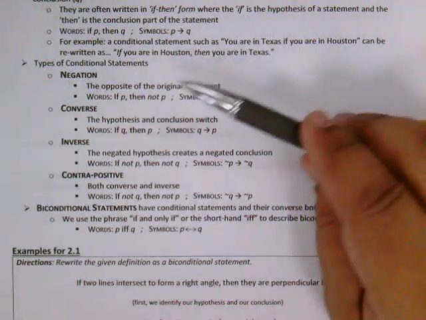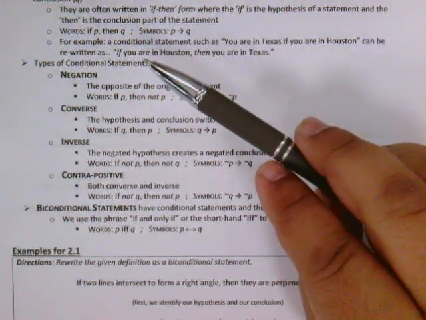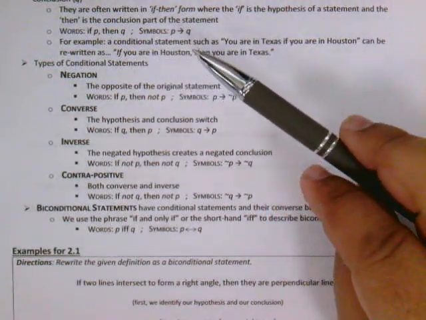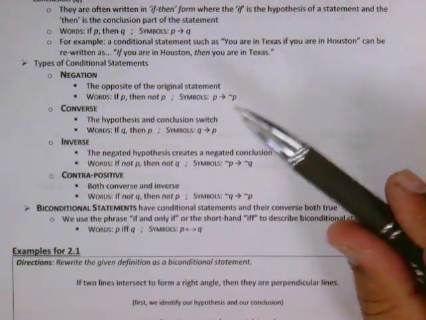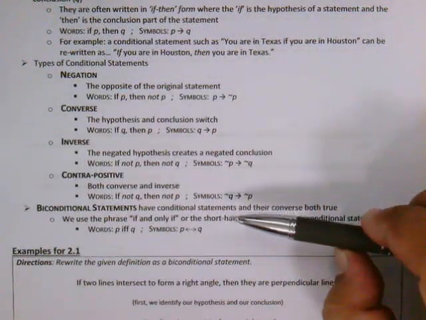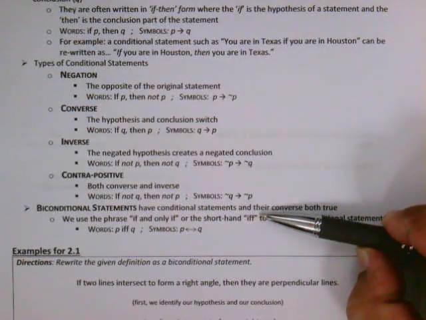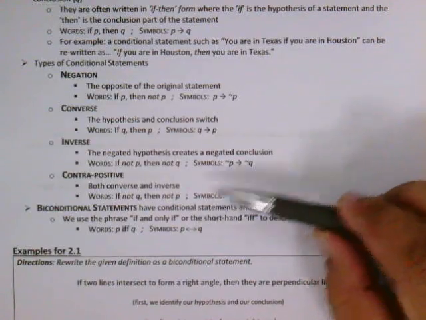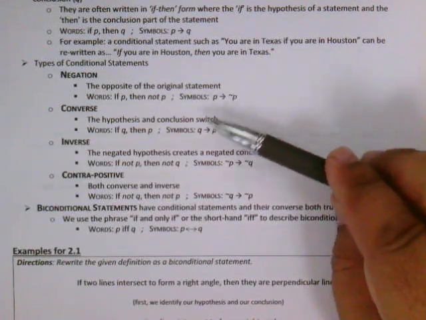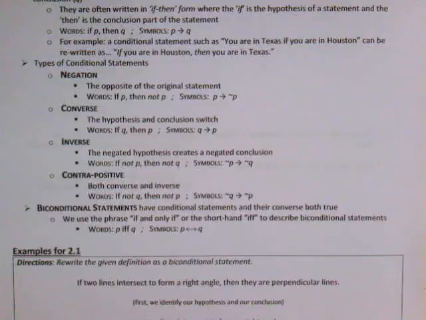It might be a way of phrasing that: if and only if you are in Houston, then you are in Texas. We use IFF to shorthand if and only if. And as a symbol, we use a double-headed arrow. It's the same arrow of action, but going both ways.